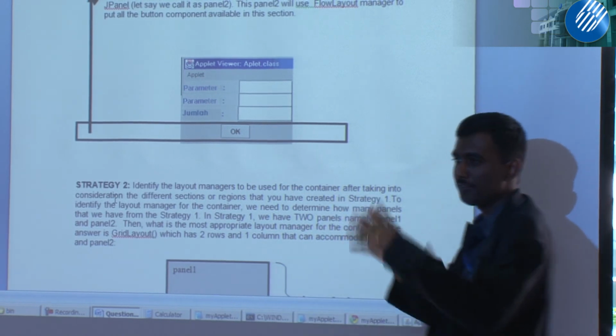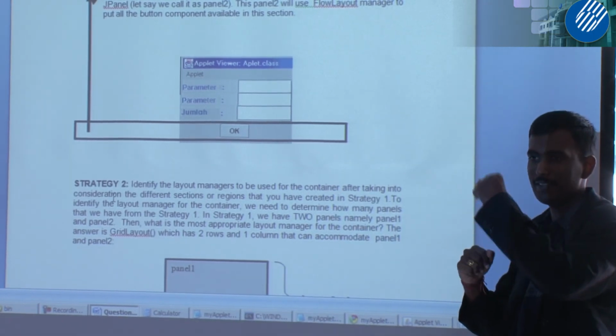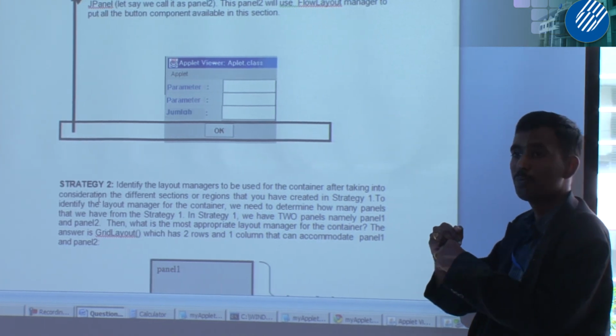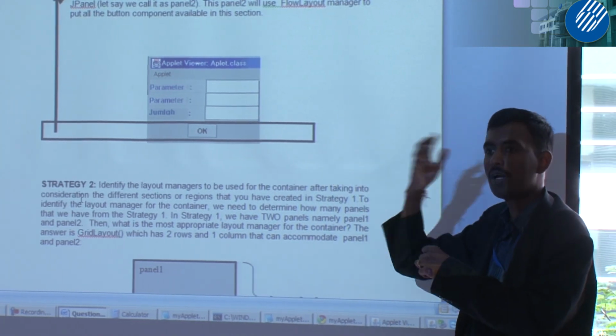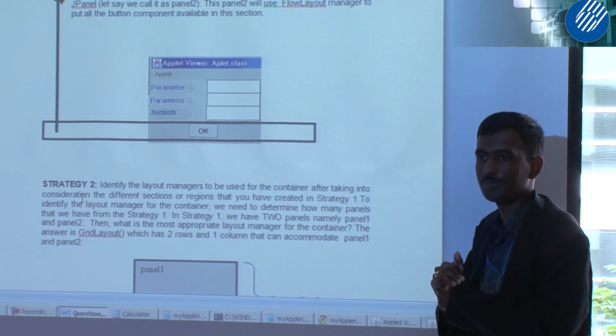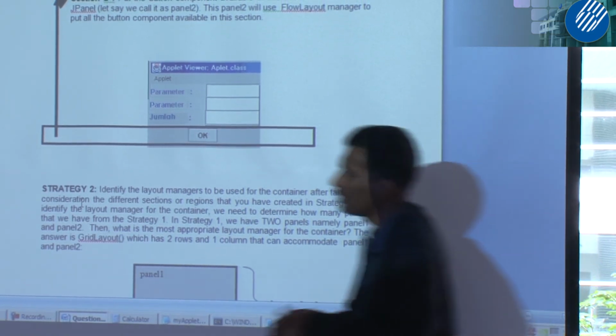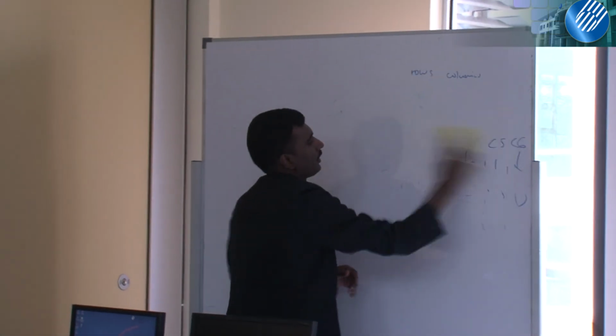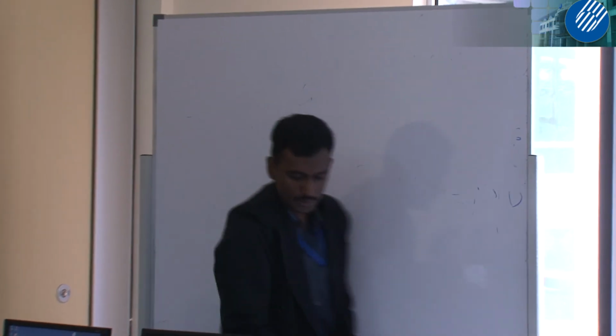But now you only have first region and second region. First panel and second panel. How to put in the main container? What is the layout for the main container? How many regions we have now? Okay, it's quite straightforward.